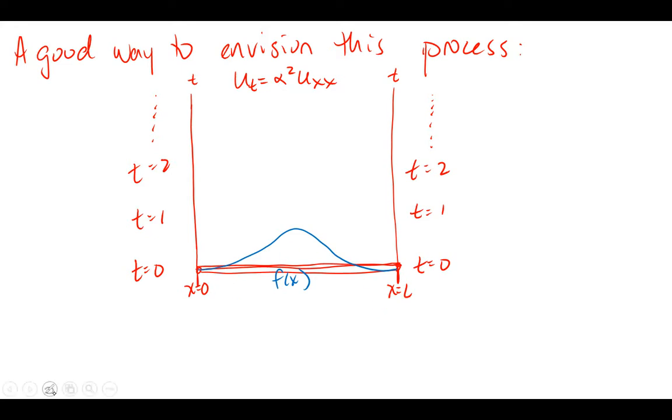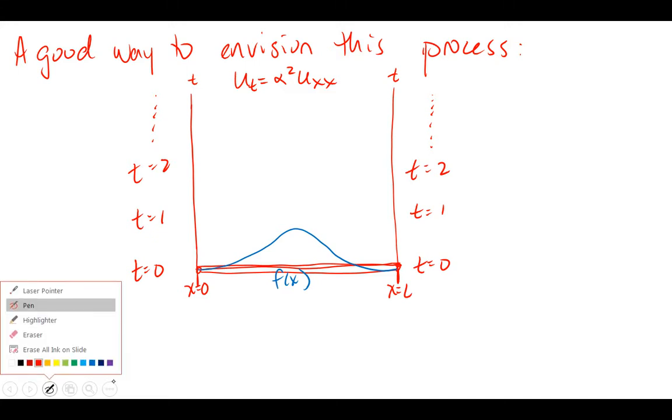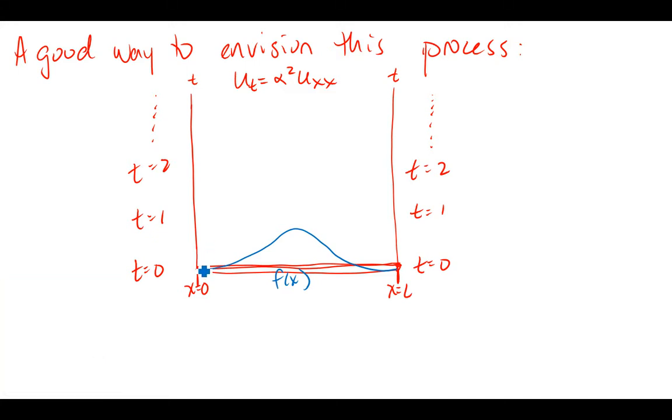Other things I know about temperature are that on the boundaries the temperature is always going to be 0. Over here and over here, no matter what time we're at, we're always assuming that u, the temperature on either end of the rod, is 0.